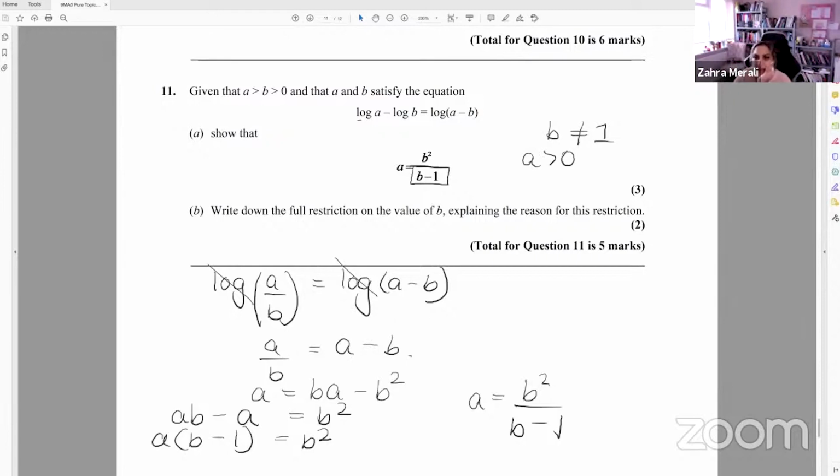So for A to be bigger than 0, B squared over B minus 1 must also be bigger than 0. We know it can't be 1, so B must be greater than 1. It can't be less than 1 because you've also got squared on the top there as well.